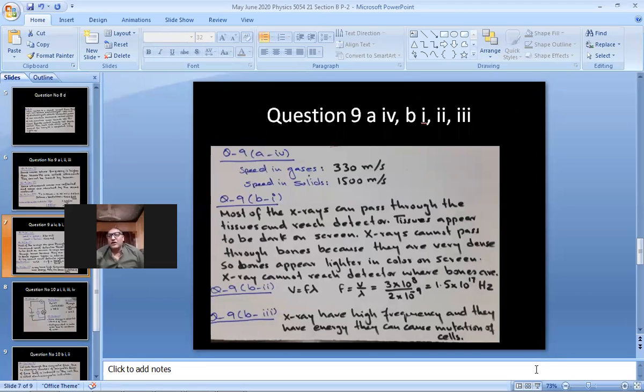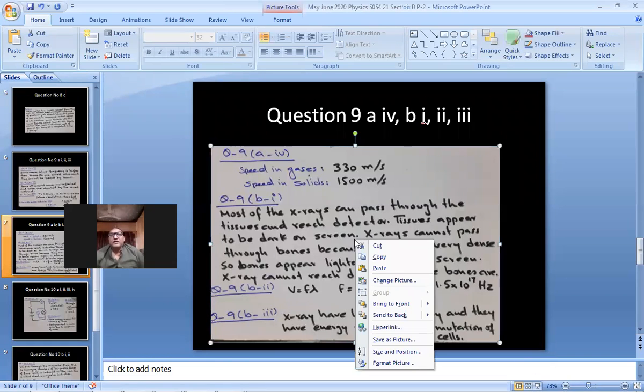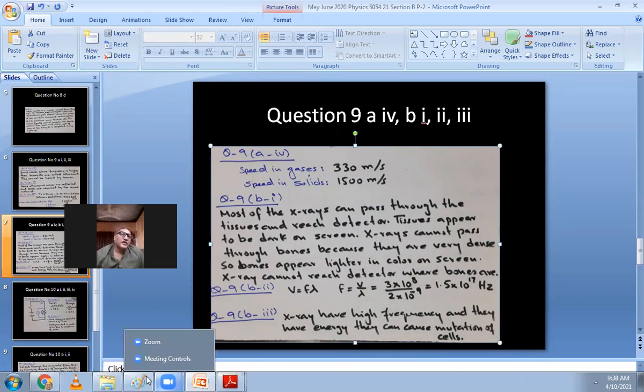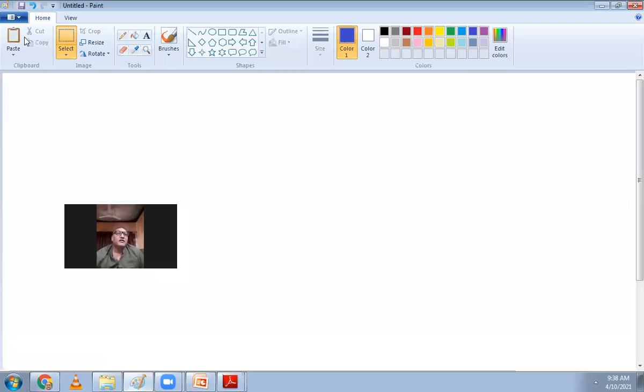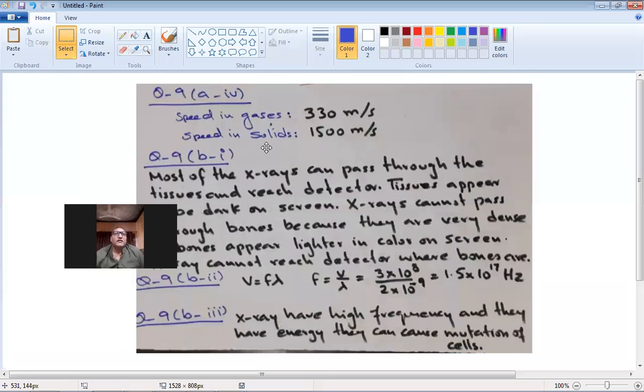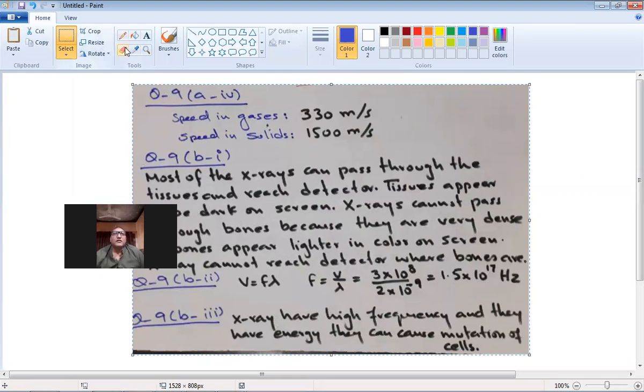So, let me correct it here. Okay, so let me take it to the paint and I will paste it here. So let me take the rubber and put a 0.